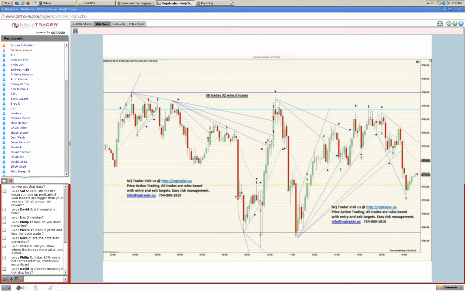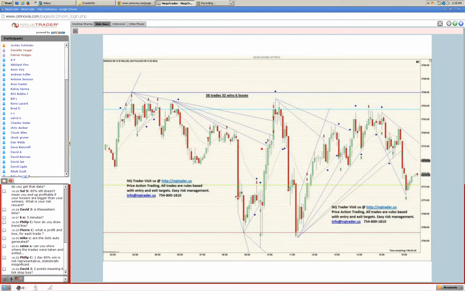So, like I said, we avoid those. This was 38 trades overall, 32 wins and 6 losses. That's an 84% ratio on this. Now, most of the early morning, like I said, most mornings are similar, slow, volume's a little light.